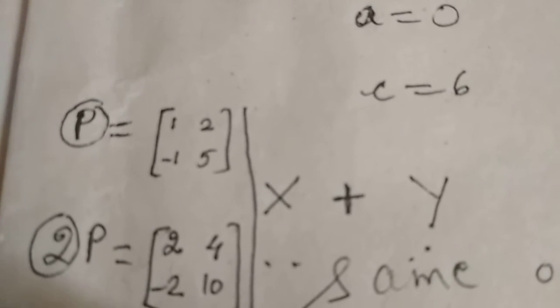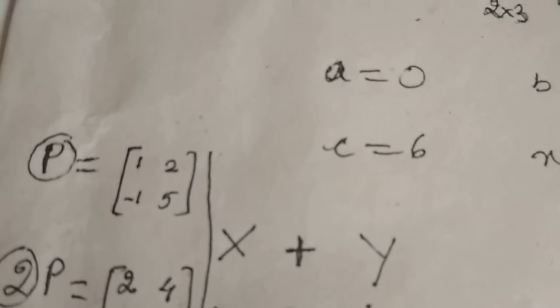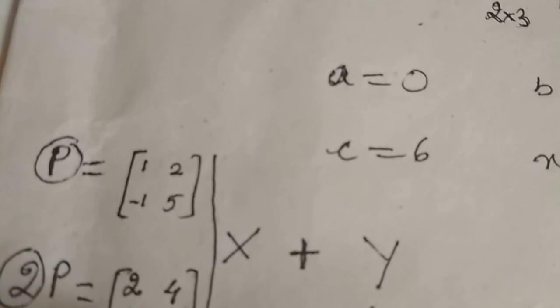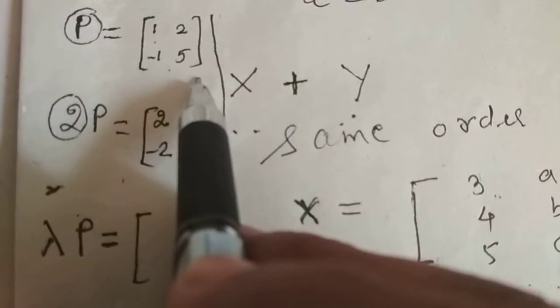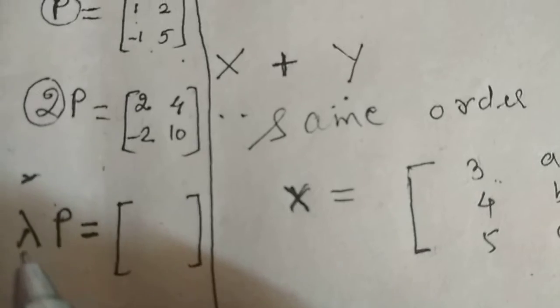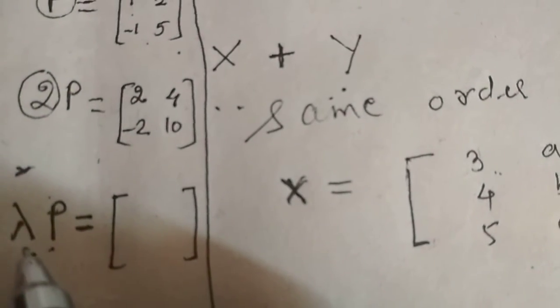lambda. Suppose there is a matrix, same matrix P, then multiplication of a matrix P by a scalar real number lambda is defined as multiplying each and every element of that matrix with that particular scalar number.